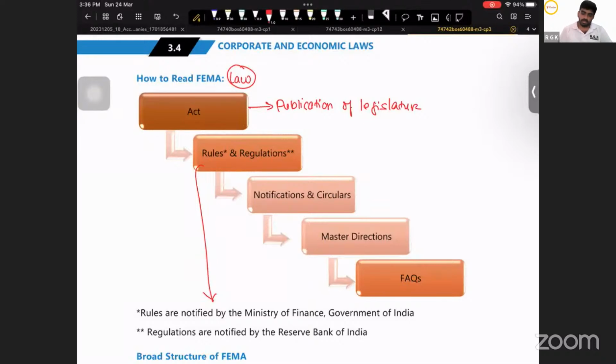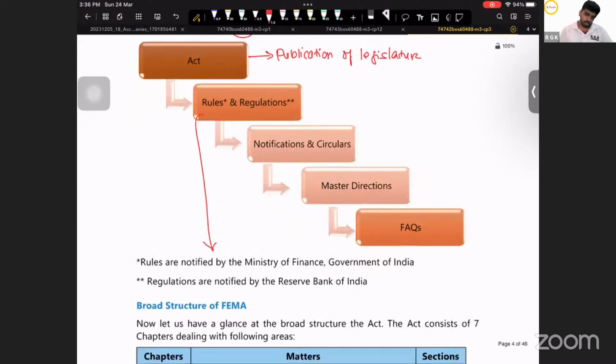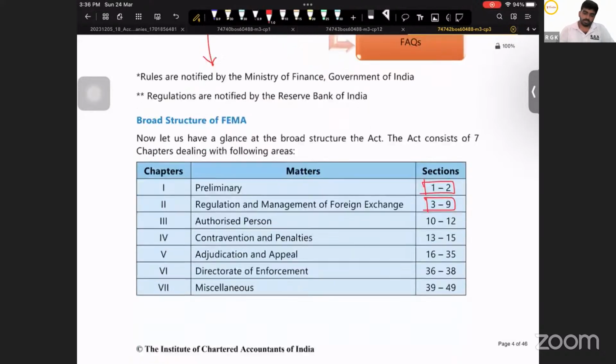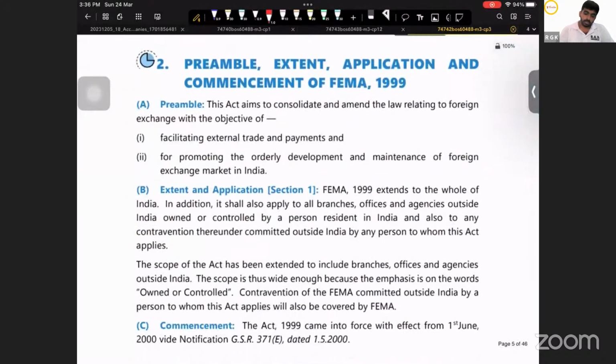Regulations are notified by the Reserve Bank of India in case of foreign exchange management. So the structure of foreign exchange management is something like this. There are 7 chapters in the entire act. The first and second chapters are what we are going to discuss from the examination perspective.